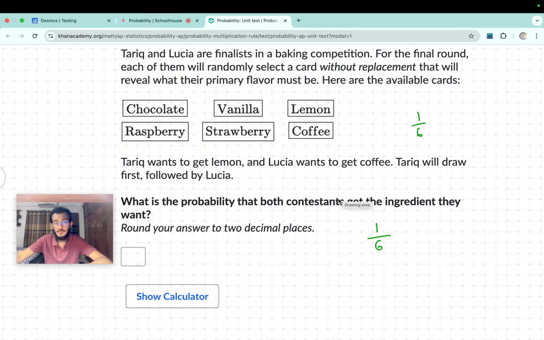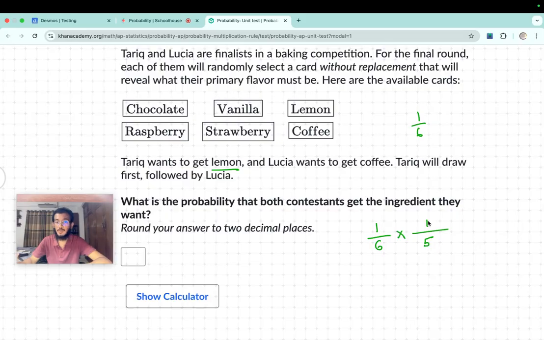So because we want both of them to happen, once Tariq takes out lemon, the total decreases by 1, so it becomes 5, and we have 1 coffee, so 1 upon 5.